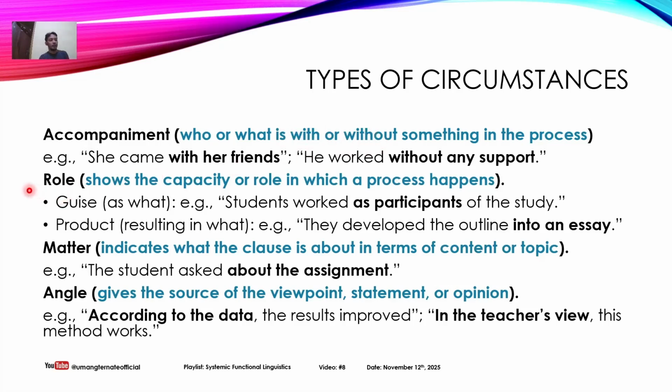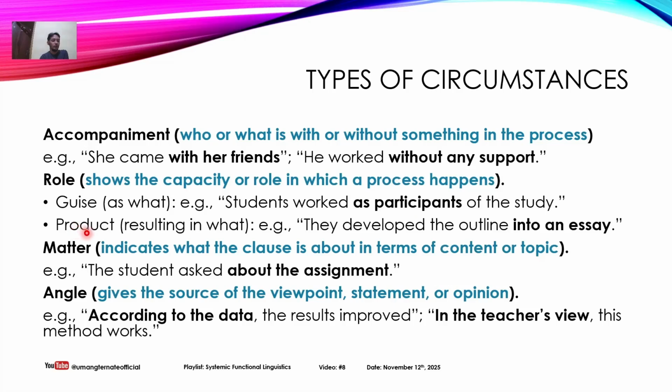And then the circumstance of role shows the capacity or role in which a process happens. The first one is guise. As what? Students work as participants of the study. Here, students take the role as participants.